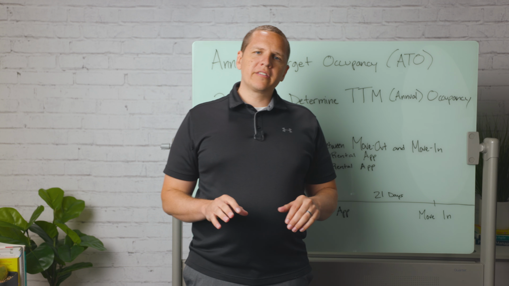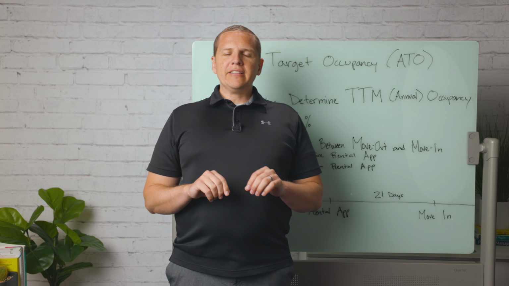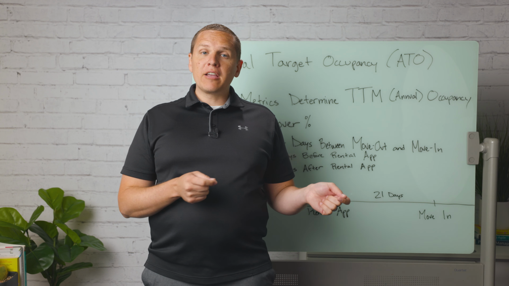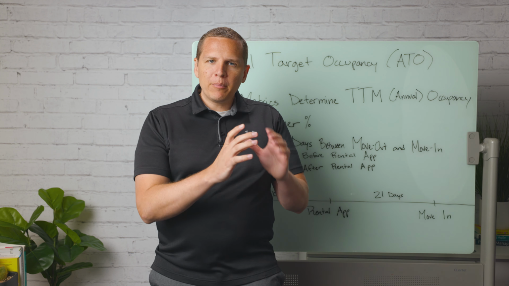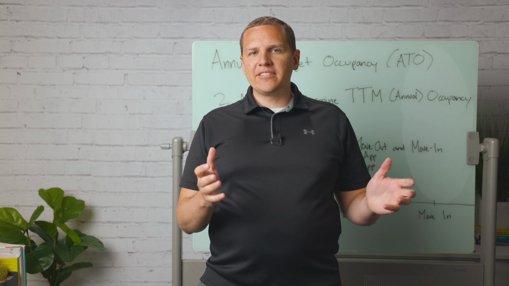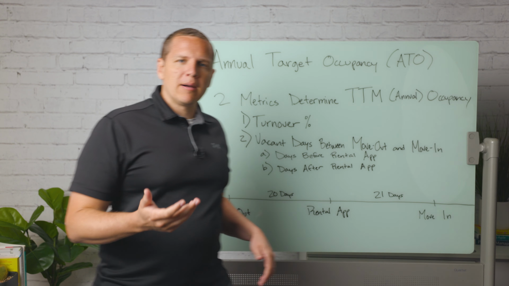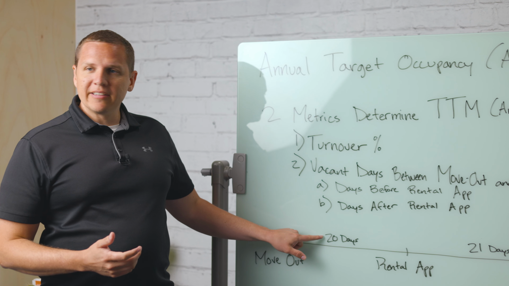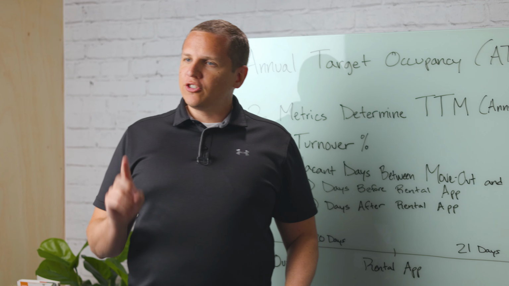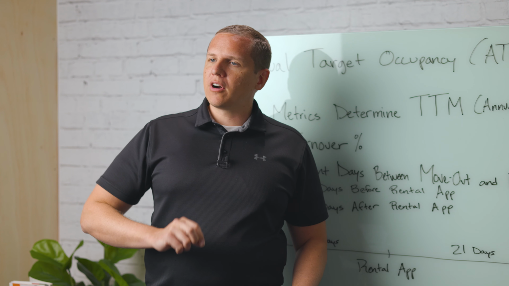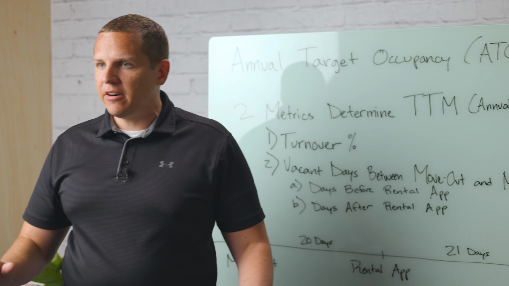Now, one of the things that I want to point out here is this is a great way to think about setting your ATO because you have this goal of how many vacant days you want a unit to sit before it receives a rental application. So if we want it to sit for just 15 days here, now we have an achievable, attainable target for our leasing agents in all scenarios.